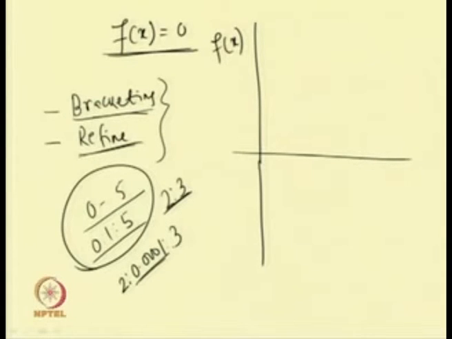Initially, to bracket this, we will use a coarse increment. For example, here in this case we have taken an increment of 1, or for this coarse case we may take it equal to 0.5. So, we can increase this from 0 to 5 with an increment of 0.5, and we can check whether the solution lies in that range.